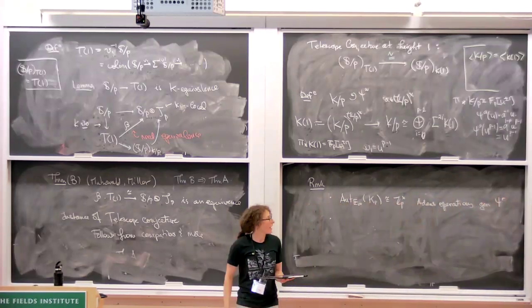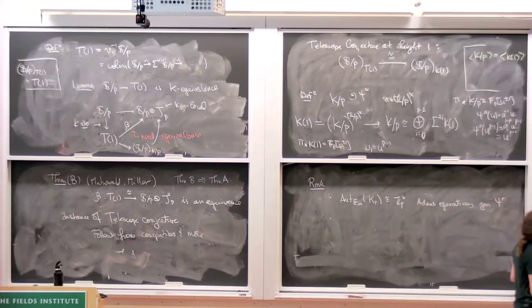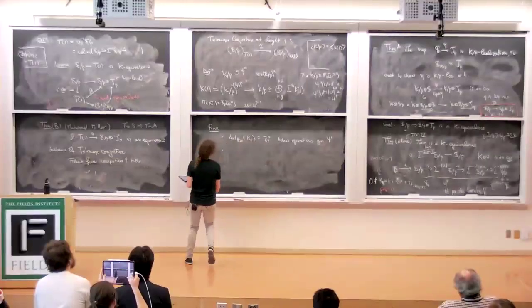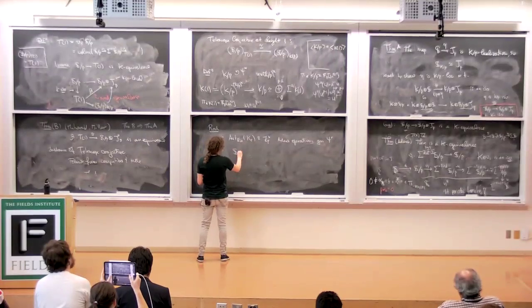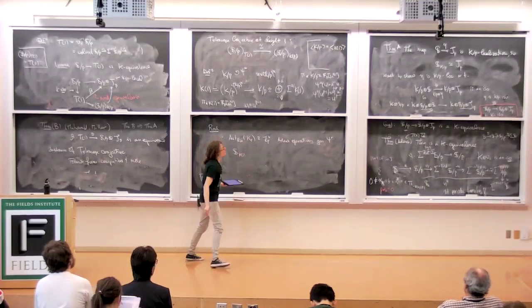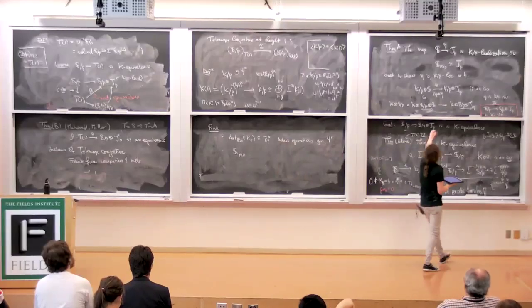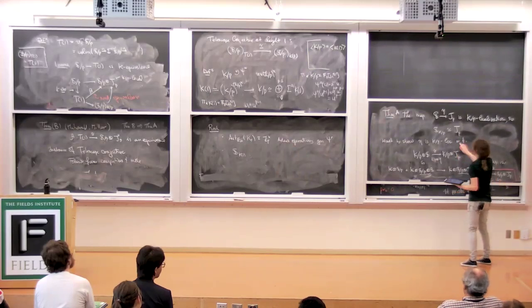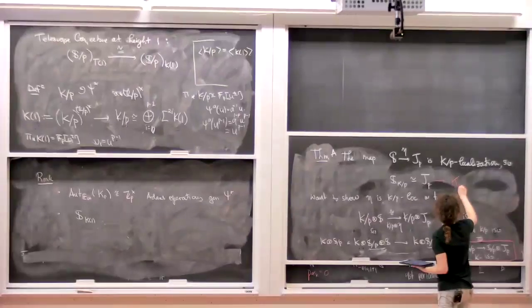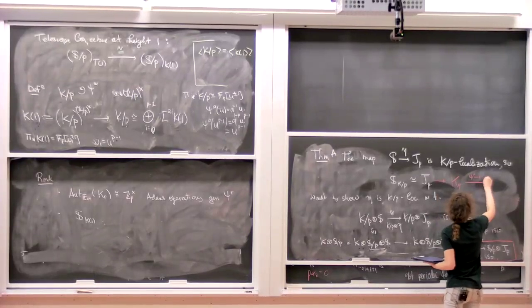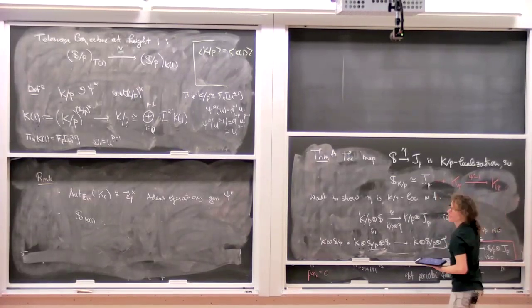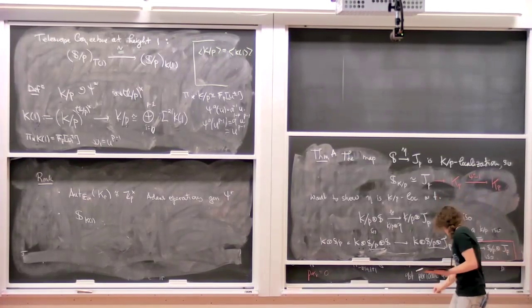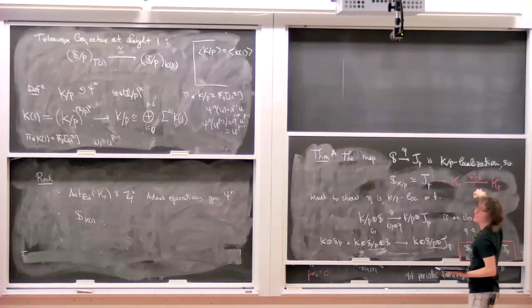Then I convinced you, well, I don't know if I convinced you, but I thought I did, that it's not on the board anymore, but let me write it again. So if I do SK1, this is theorem A here in disguise. Let's just remind ourselves what J was. J was the fiber, this was the definition of J. And remember when I introduced this, I said it's like taking fixed points.